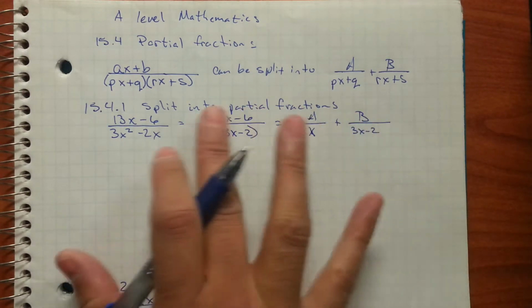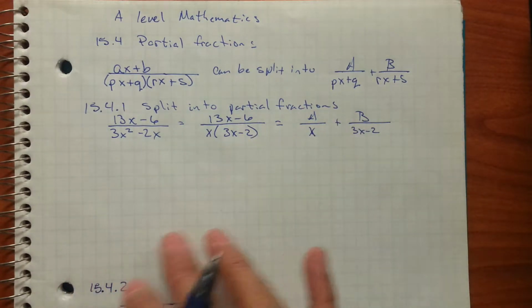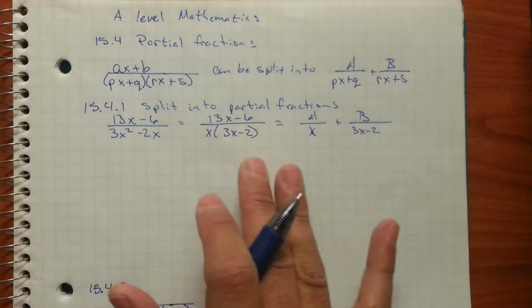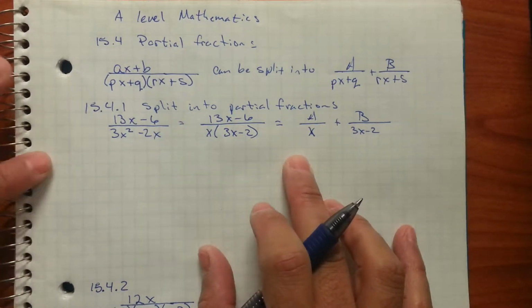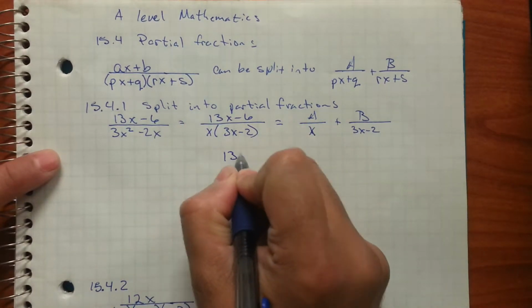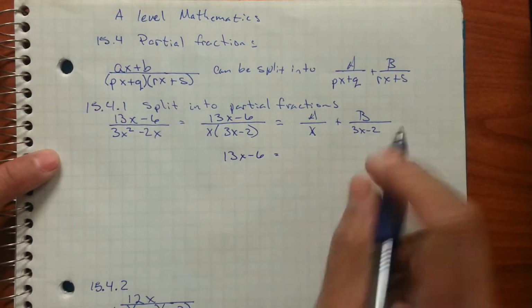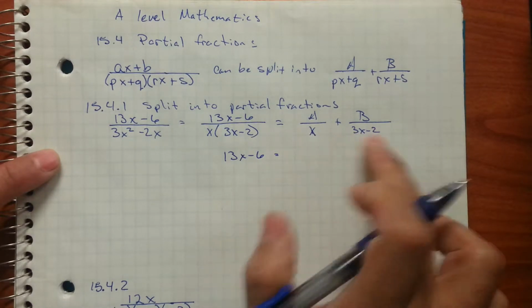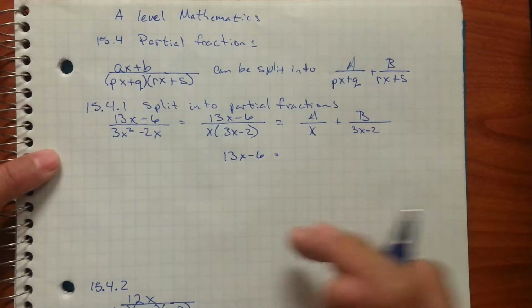So given this, I'm going to multiply by the common denominator. What's going to happen is I'm going to get rid of some of this. So this is going to come out to be 13x minus 6 equals, now this already has an x, so it's going to need this piece over here.